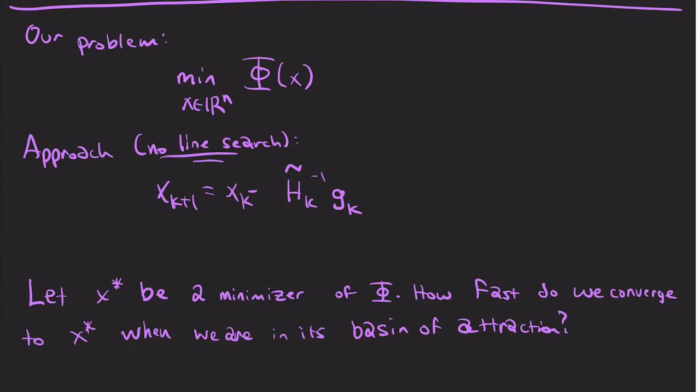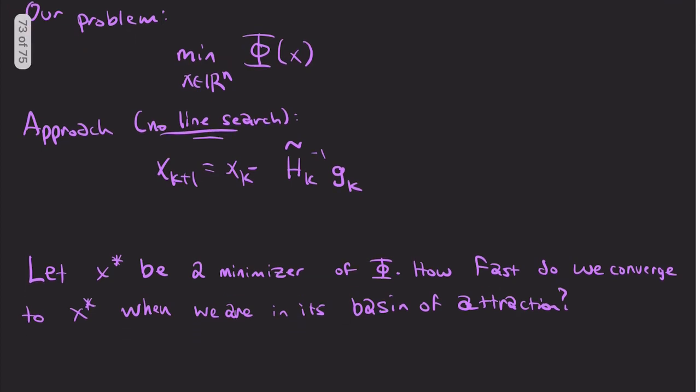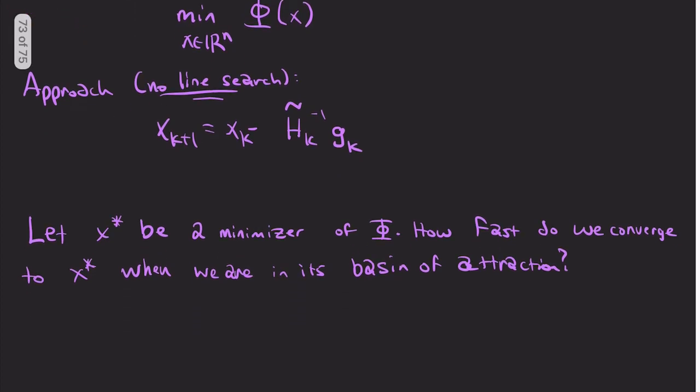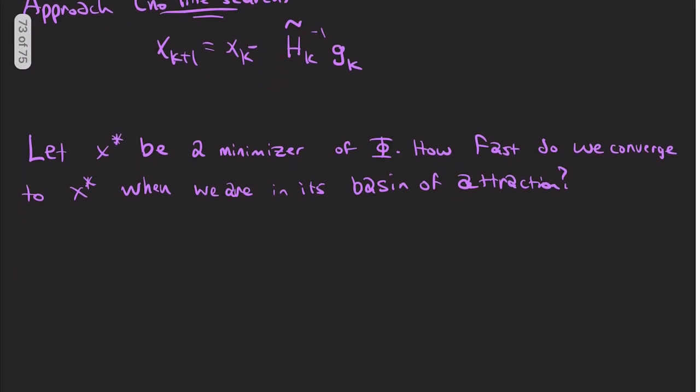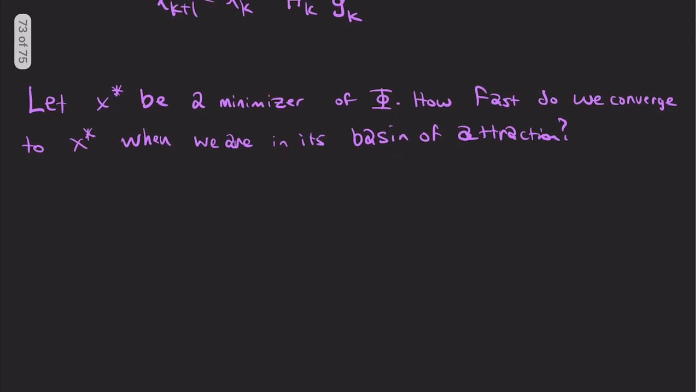We're close to the minimum, and we want to see how our methods behave close to the minimum. Then, of course, we can talk about backtracking later when we're far away and need to actually find the basin of attraction. So we're going to assume no line search, or if you like, a step length of 1. How fast do we converge to x star?